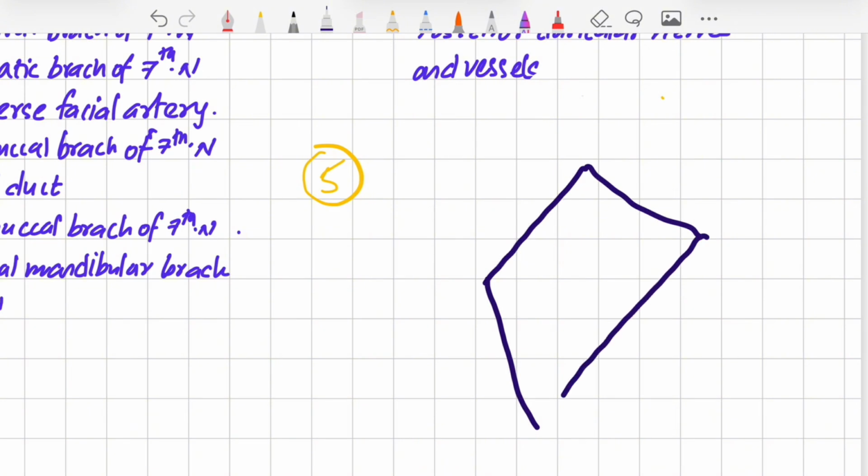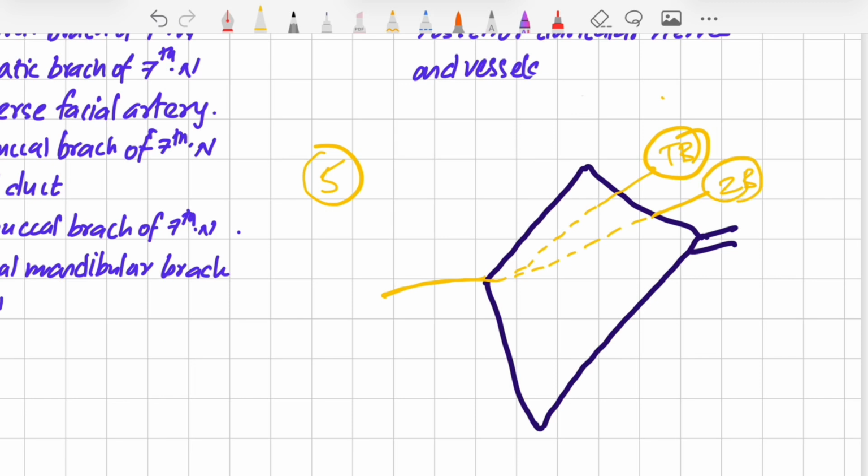So suppose this is the parotid gland and this is the parotid duct. Now we talked that there is a facial nerve. It splits into 5 different branches. So the first branch is the temporal branch. The second branch is the zygomatic branch, and the third branch is the buccal branch, and it is divided into upper buccal as well as the lower buccal.